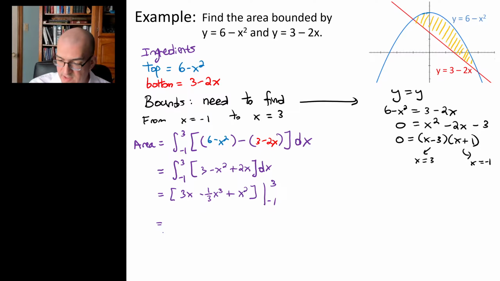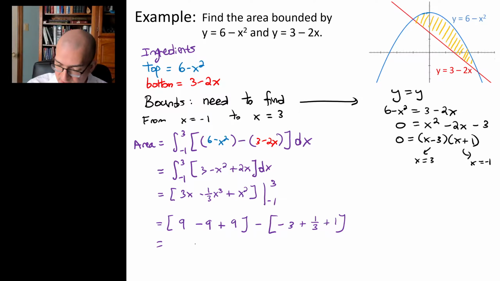And this is going to get a little bit ugly. We have 3 times 3, 9. And then we have minus 27 over 3, so minus 9. And then plus 9. And then the lower bound, we have -3, and then plus 1/3, and then plus 1.